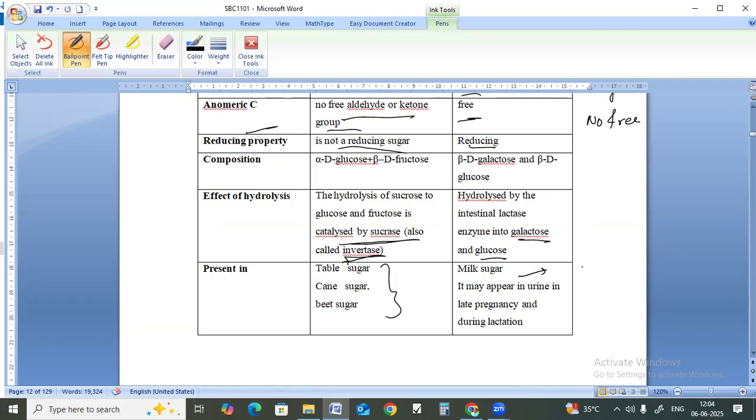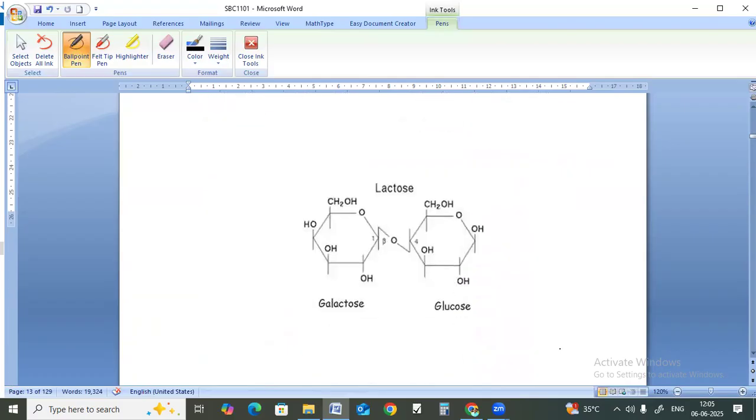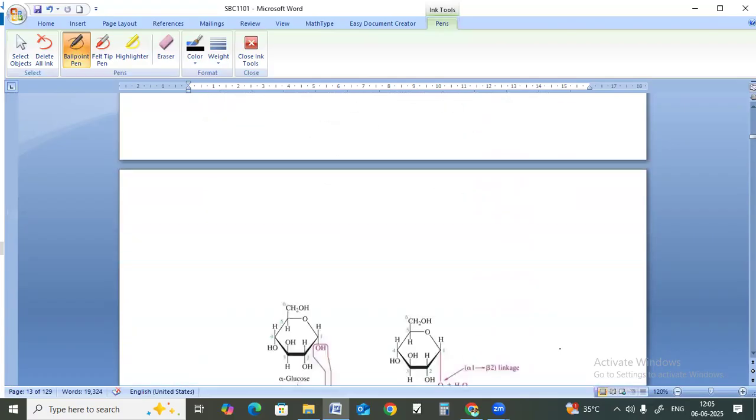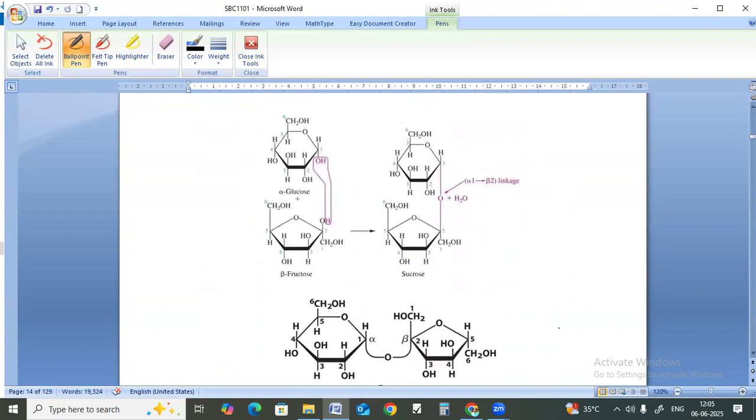In the disaccharides, we have to remember the main points: what linkages are present, and which are homodisaccharides and heterodisaccharides. The disaccharides we discussed are maltose, isomaltose, and cellobiose, which are the homodisaccharides.